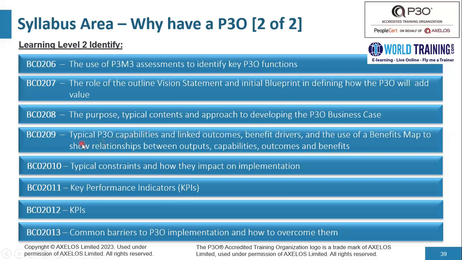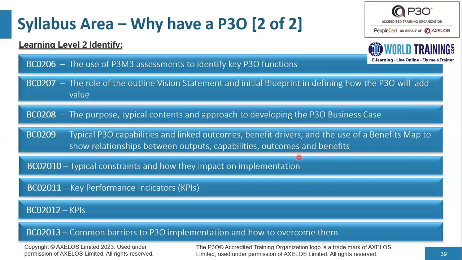And we're going to look into typical P3O capabilities and linked outcomes, benefit drivers, and the use of a benefit map to show relationship between outputs, capabilities, outcomes, and benefits. Now, it's a very important exercise, especially when we work on implementing a P3O model. We could either begin benefits mapping from the outputs towards the benefits, or we could work the other way.